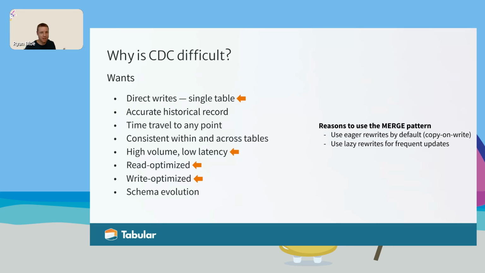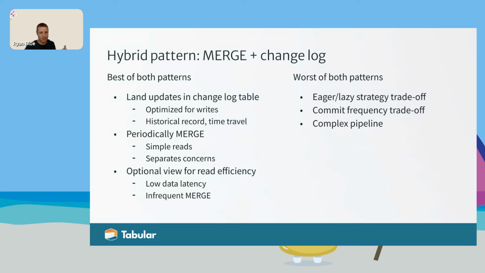While the merge pattern gives us a direct write, high volume, low latency, and this option of trading between read optimized and write optimized. So can we get the best of both of those, since these are clearly just separate things? And the pattern that I actually recommend that we're building on top of is actually to do both. It's a hybrid pattern, both merge and changelog.